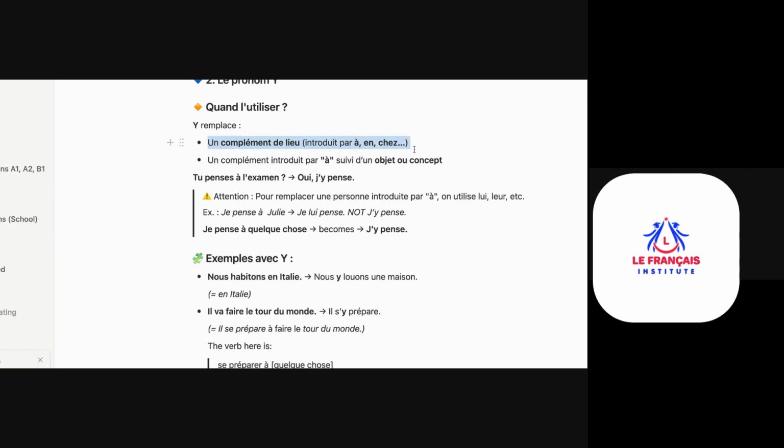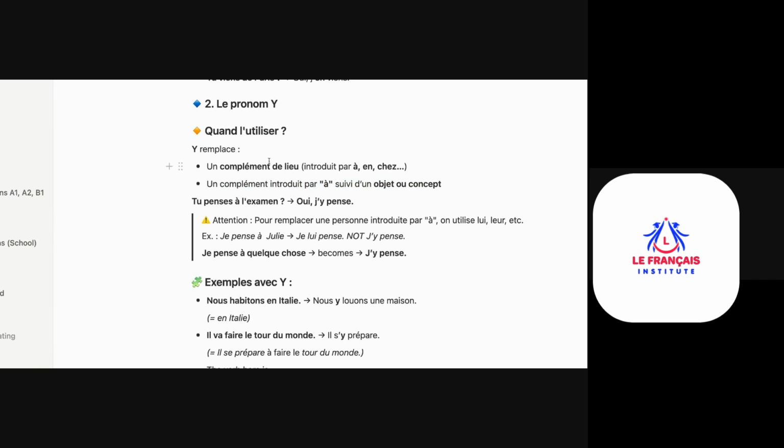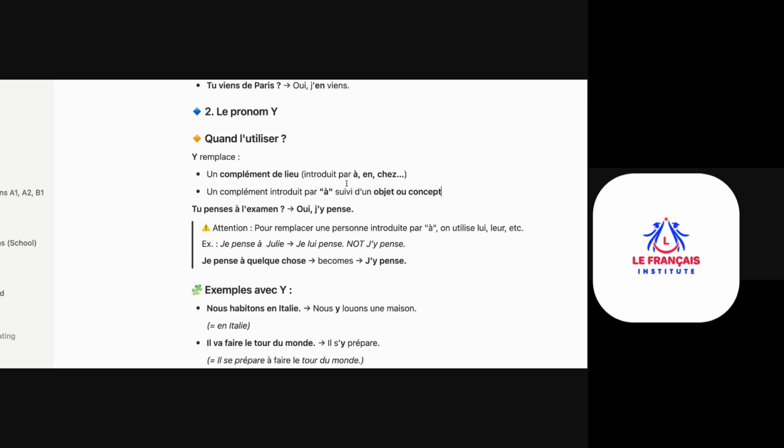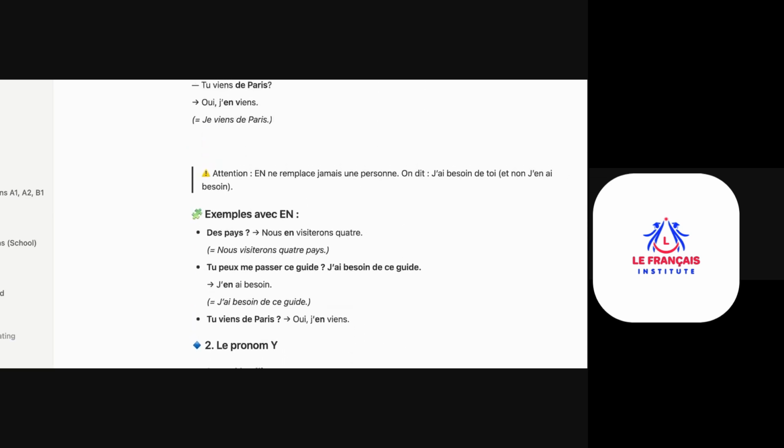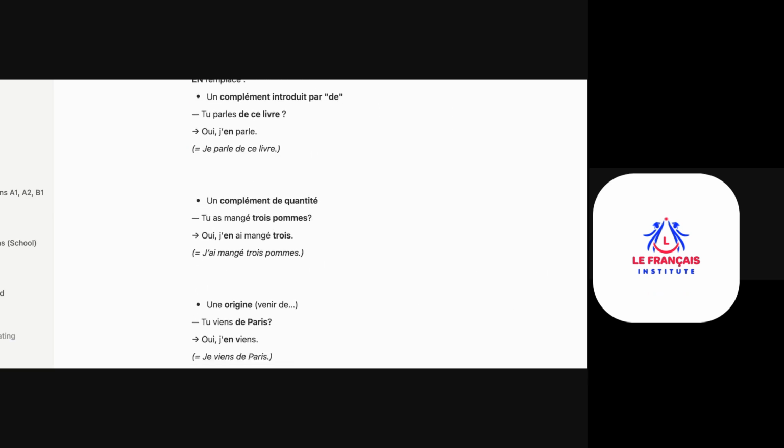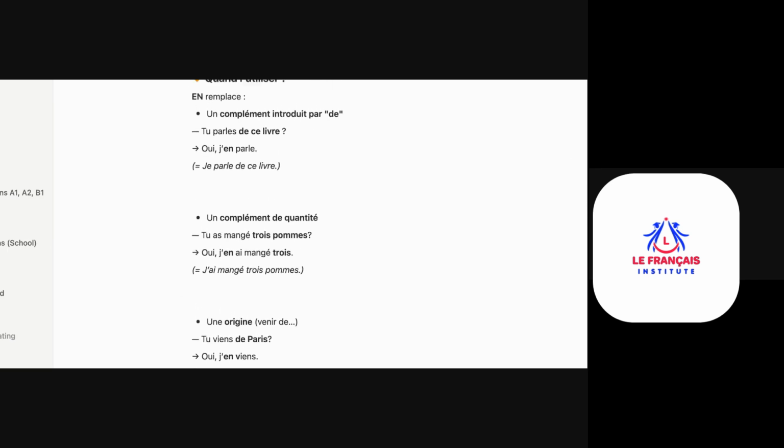This rule wants a place complement that is introduced by à, en, chez. And this rule wants any complement, any idea that is introduced by à. This does not deal with a place. So these two rules are independent of each other. Understood. Just like here with en, these three rules are independent of one another.